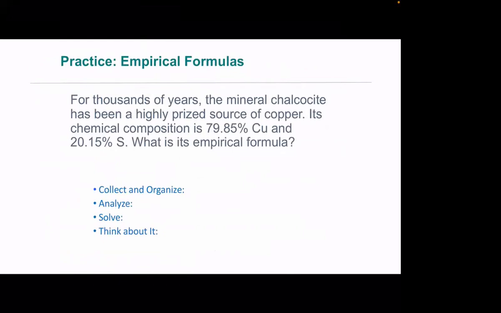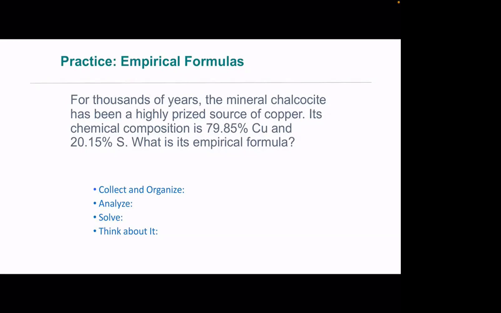This is chalcocite, a particular mineral, a highly prized source of copper. Its chemical composition is 79.85% copper, 20.15% sulfur. What is its empirical formula? We're going to end the day by doing this calculation.